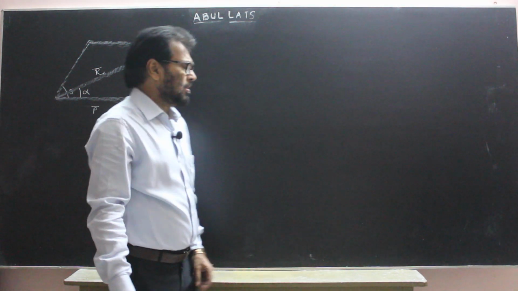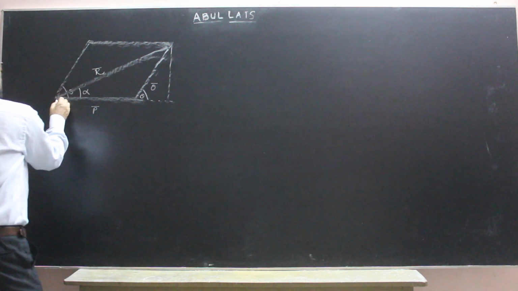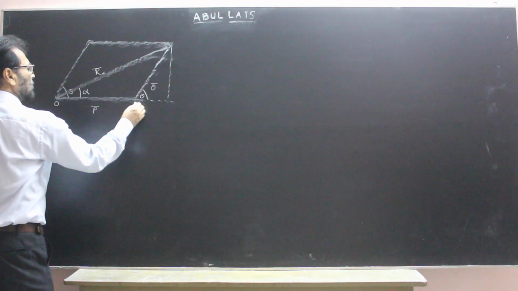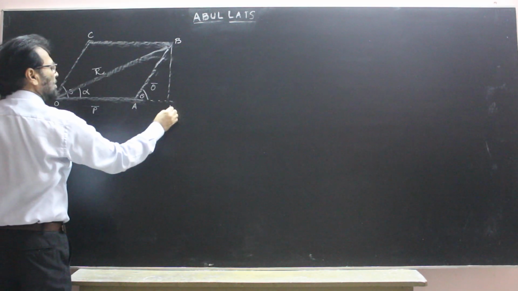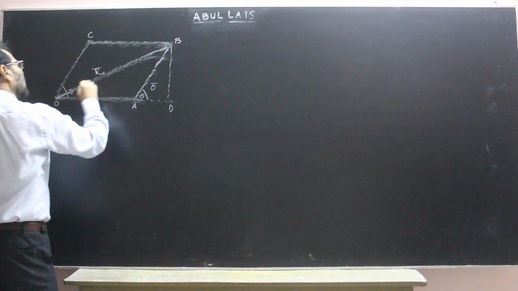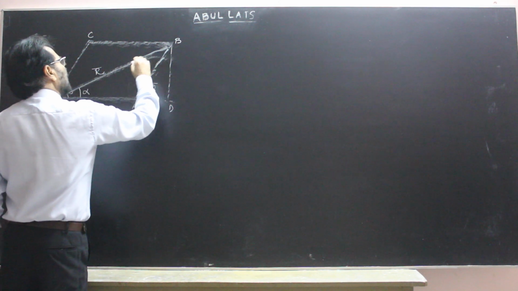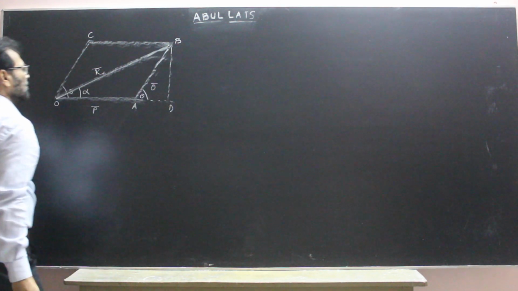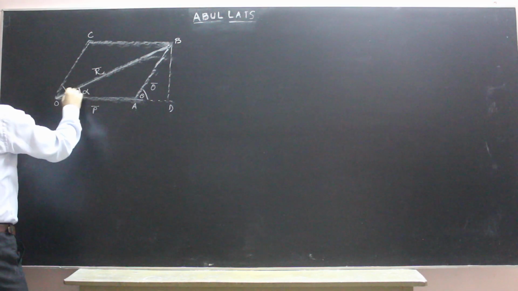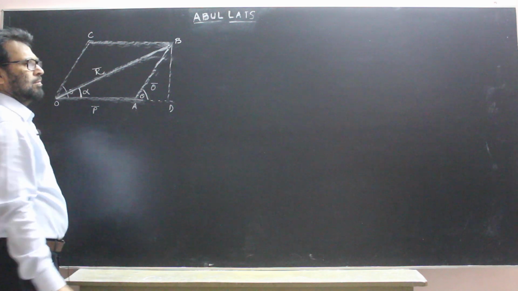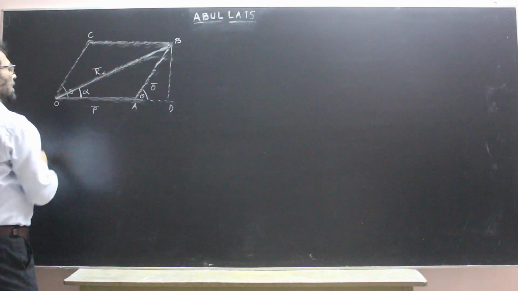The magnitude is represented by R. This is O, A, B, C, and this is D. So OB is the magnitude of the resultant, and alpha gives the direction of resultant.